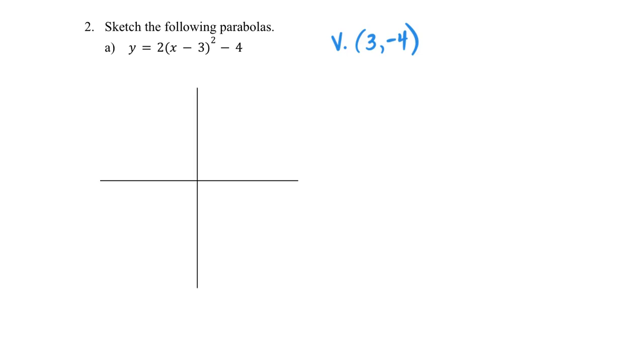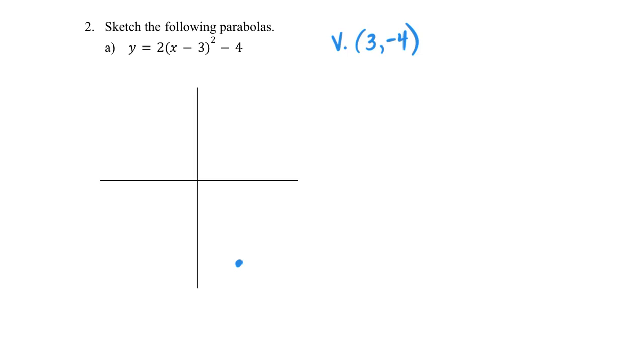Now, I'm not actually going to plot it right now, and I want to show you an issue that could arise. But let's say that I did. 3, go to the right 3, go down 4, and maybe I do something like that. I had the ability to erase this easily, so if you want to follow along right now as opposed to actually sketching it on your page, that's an okay thing to do. I said that I want to label that based on my direction of opening.